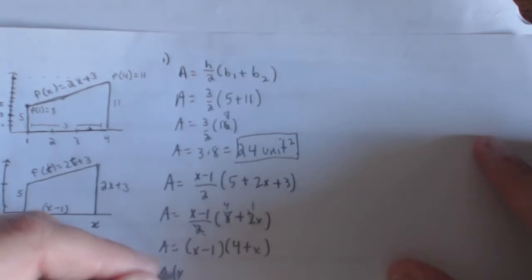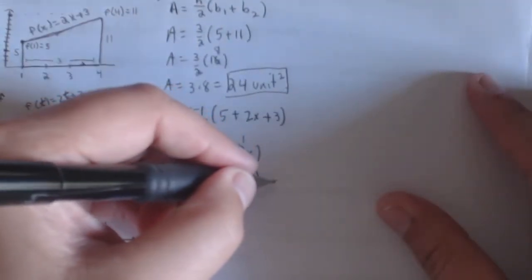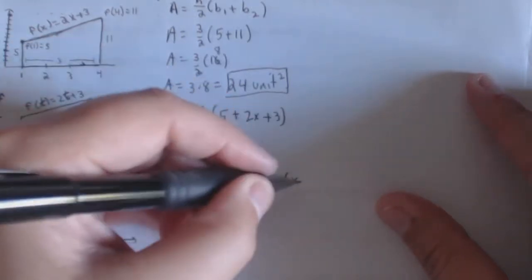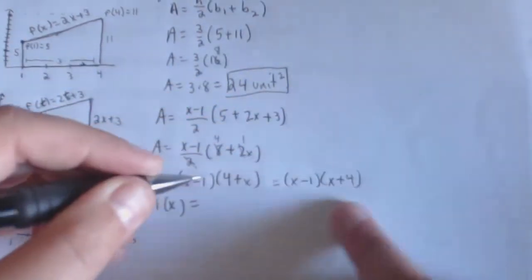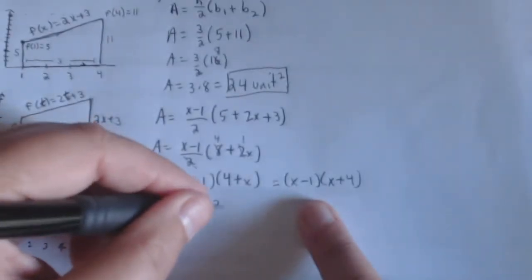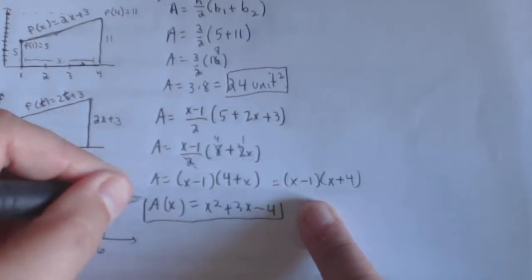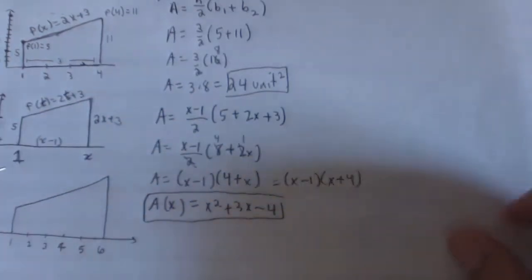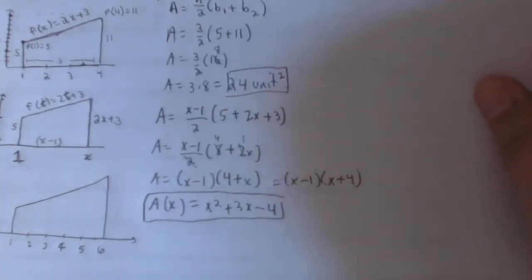And so we have a function in terms of x, and if I multiply it out, it's x minus 1 times x plus 4. So you can see what we're going to get here is x squared plus 3x minus 4. So now we have a function that's going to calculate any area from 1 to x. So that's number 2.